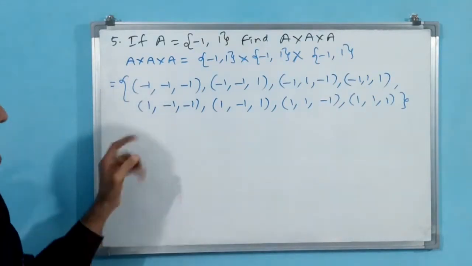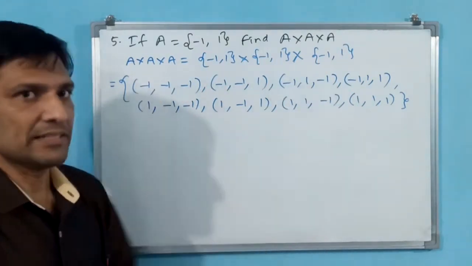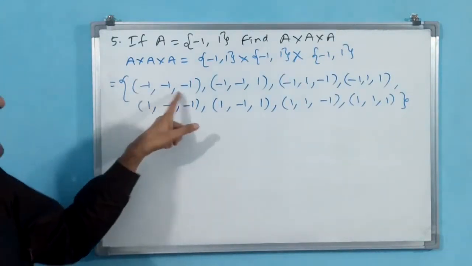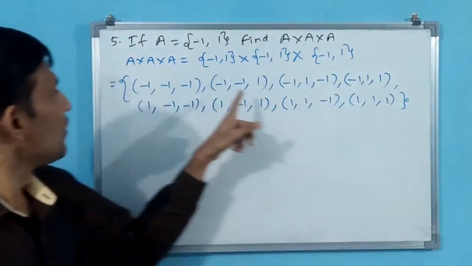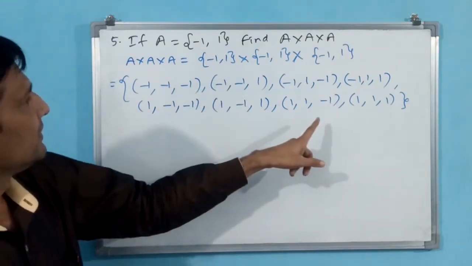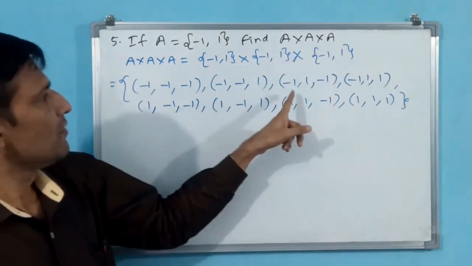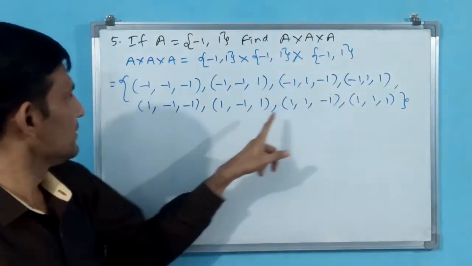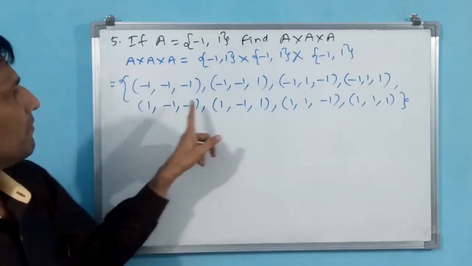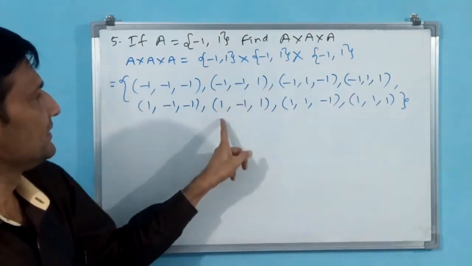If you compare even the elements, you see the order is not matching. All minus 1s, all 1s. First two minus 1, then last two minus 1. First and last minus 1, first and last plus.